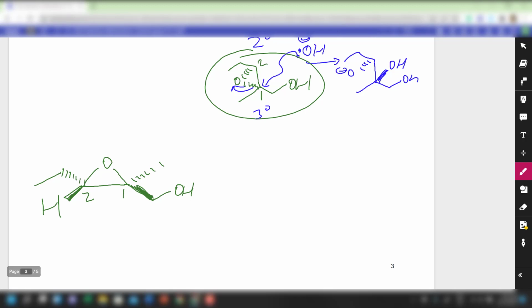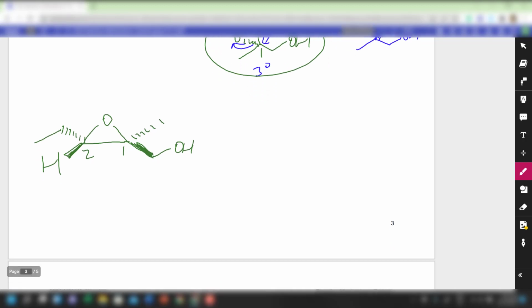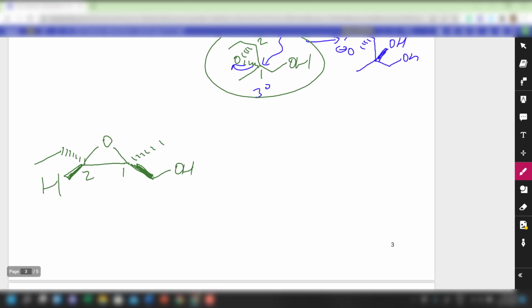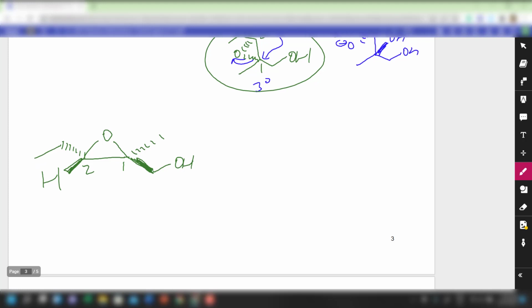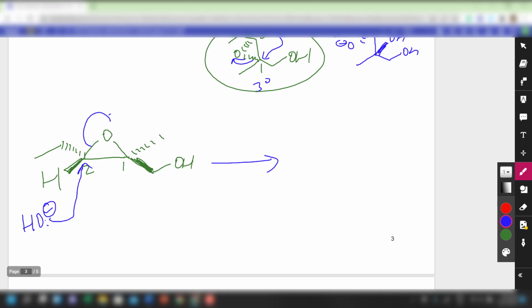This is one perspective you can take when you draw such a mechanism, because if you look at it this way, it's easier to draw out your mechanism to showcase the rear attack. Then I have a hydroxide here. I'm going to attack carbon number 2, and then the ring will open.